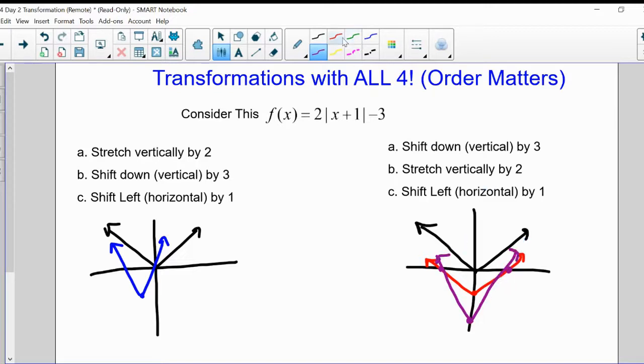And then our third thing would be finally moving it to the left 1. Notice these two graphs are not the same.